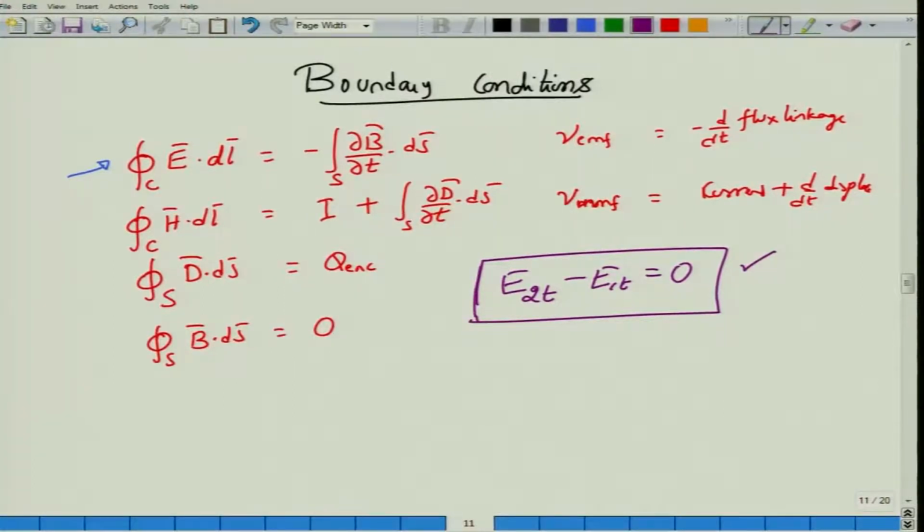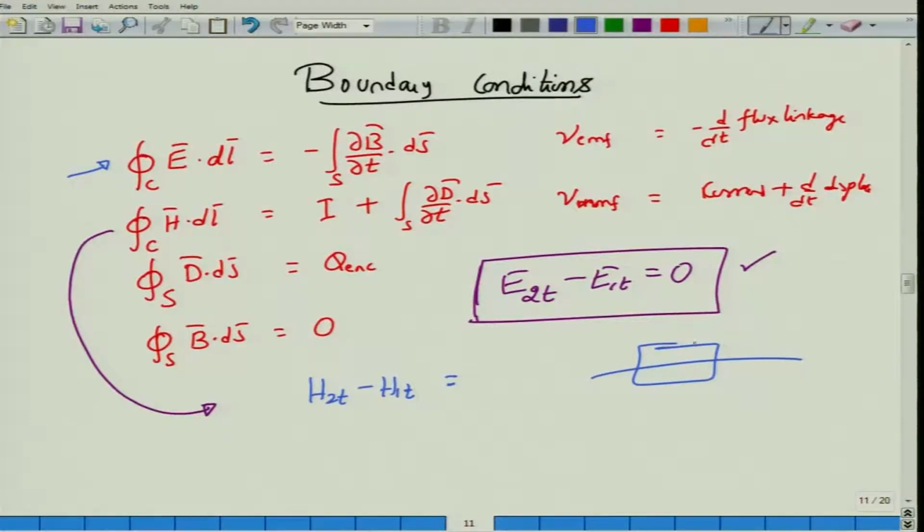By the same logic, the second, the Ampere-Maxwell law, will tell me that the integral of H dot dl can be rewritten by following the same path that we actually followed. So I can write this as H2t minus H1t, that must be equal to whatever the current is that is coming out of this path. So this was the boundary, and this is the magnetic field that I am writing out there.